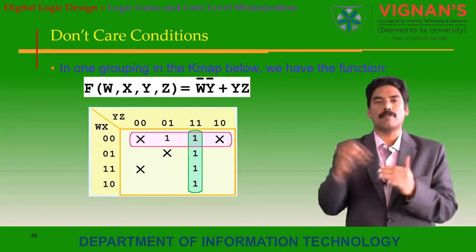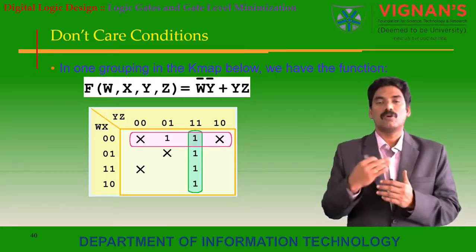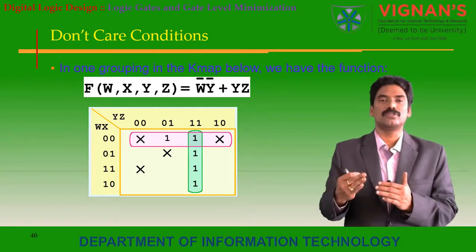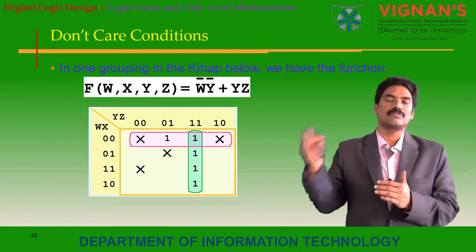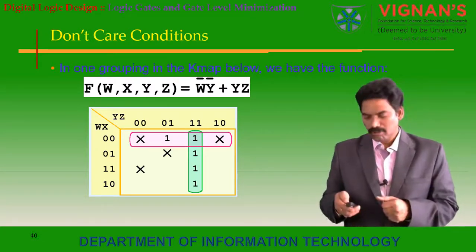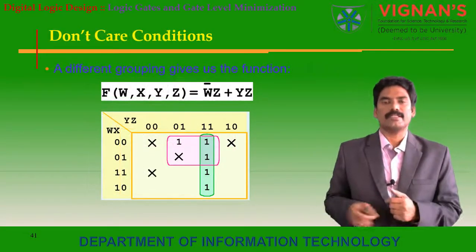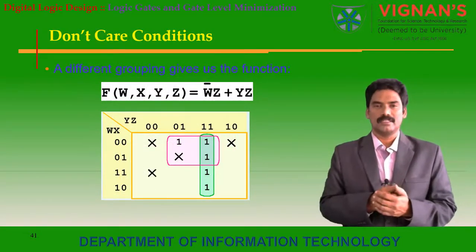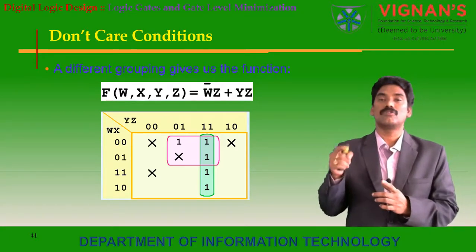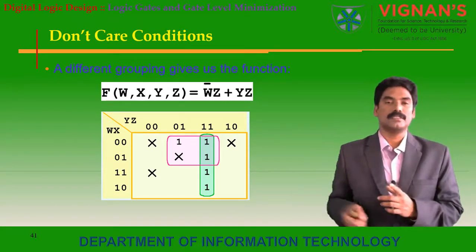While grouping we have plotted like this, and we got this expression: f of wxyz is equal to w bar y bar plus yz. Suppose we group in another way, this is another way of grouping: f of wxyz is equal to w bar z plus yz.